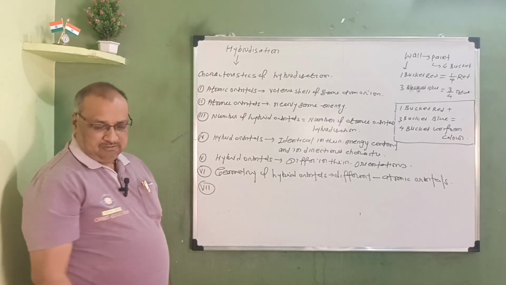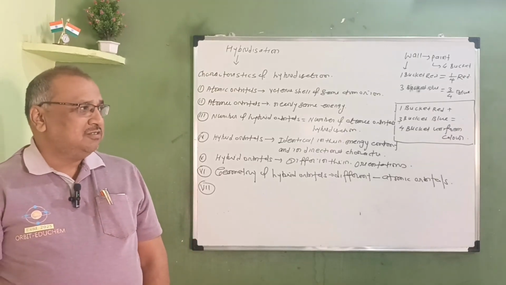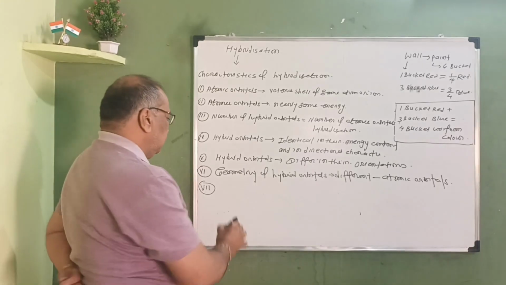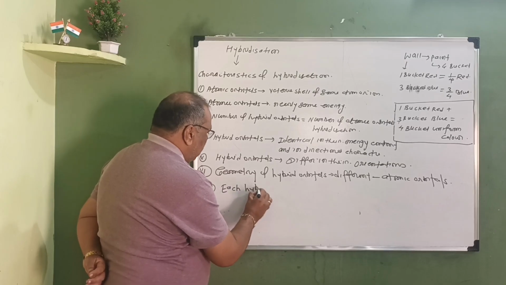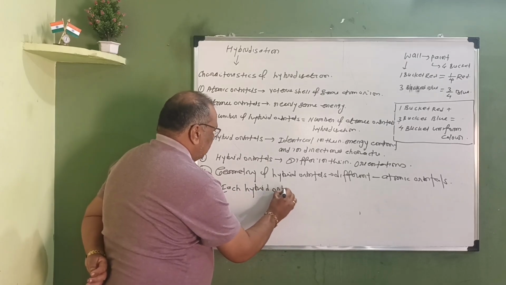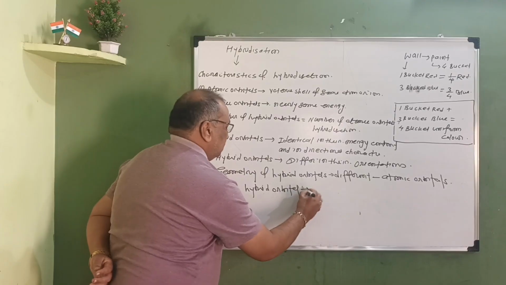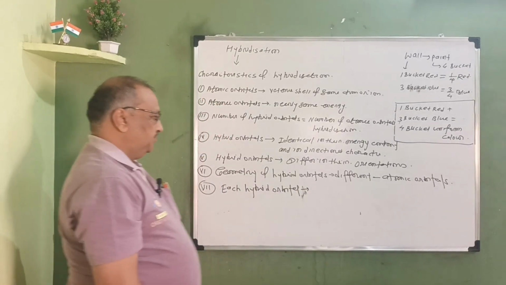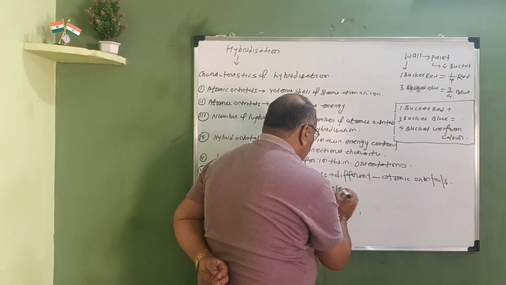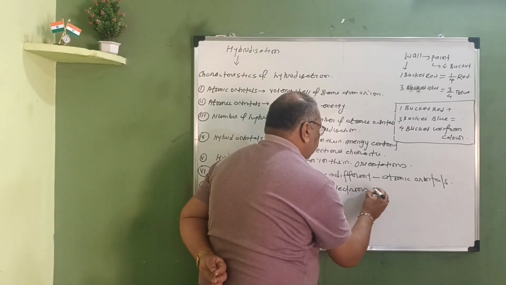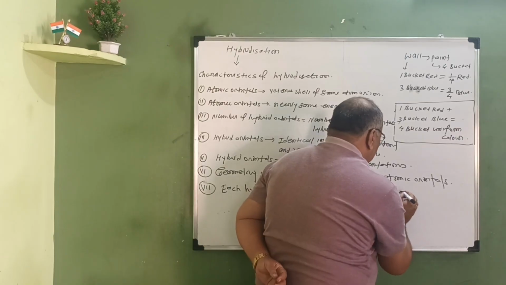Then next, each hybrid orbital can hold 2 electrons with opposite spin.